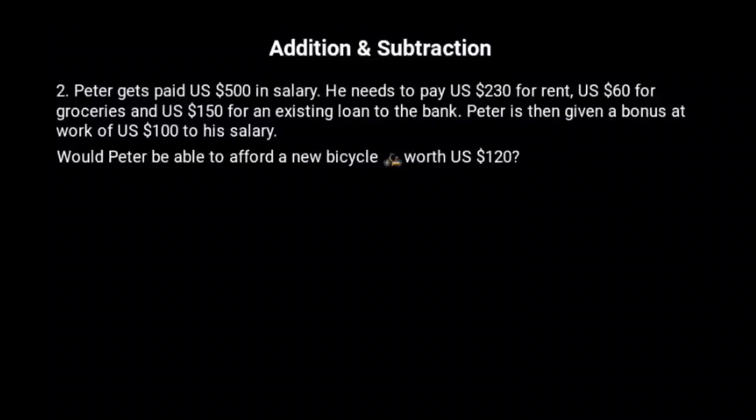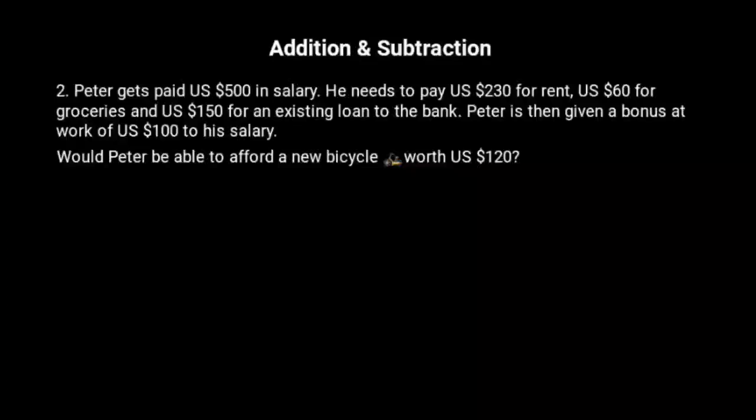So this is what we need to know if Peter can be able to buy a bicycle. We have two ways of working this question. From what we can see is that Peter gets a salary and he gets a bonus, and also he needs to pay for his rent, groceries, and a loan at the bank.